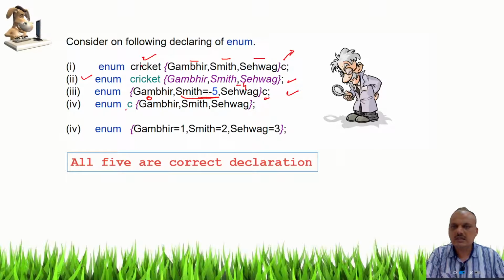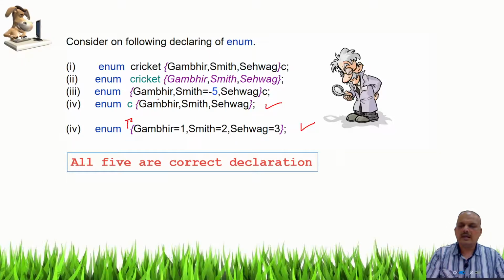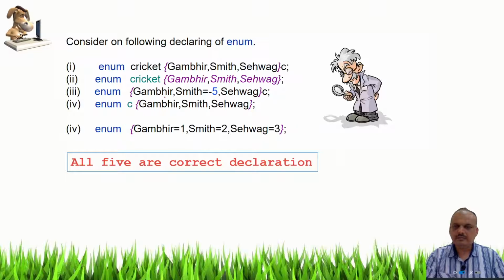Again an instance, but the tag is c. And again an enumerator with the tag c and no instance, again it's perfectly valid. And about this, as we said, without a tag but just the list, no instance, still valid. So all five of them are correct and are very valid commands in C language.